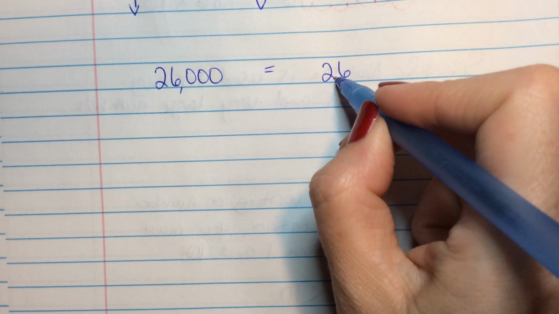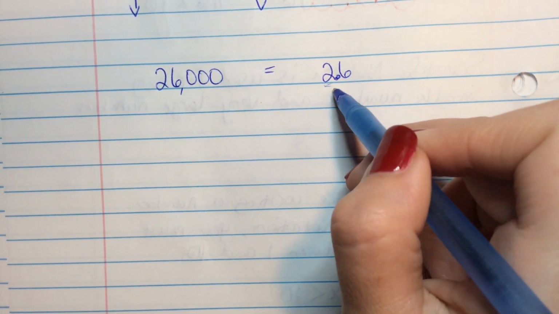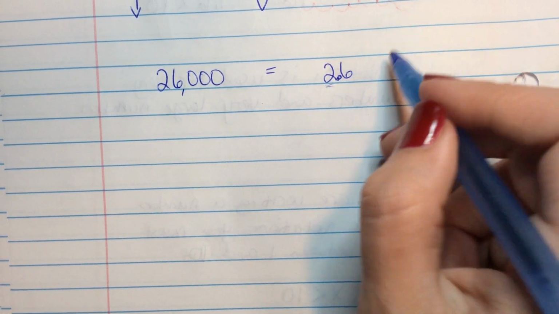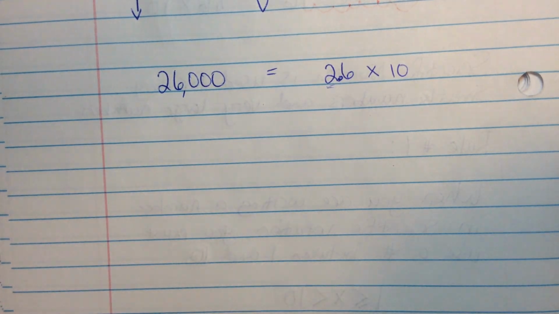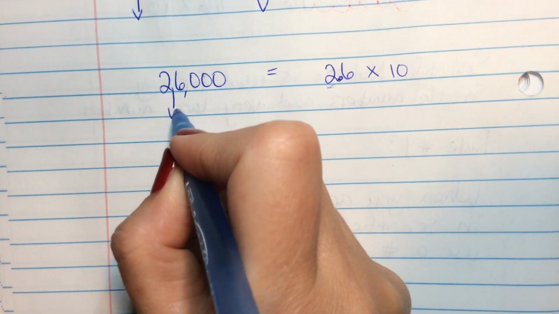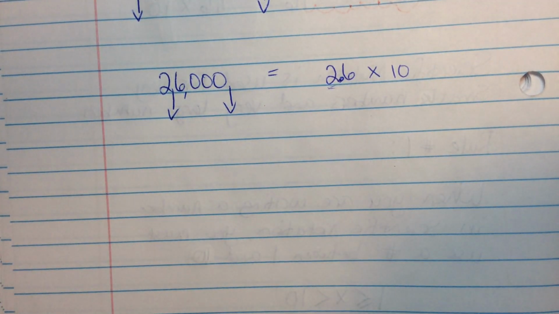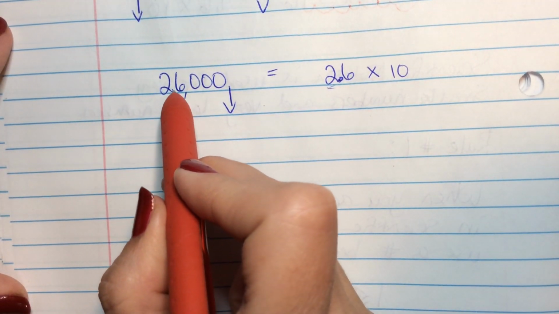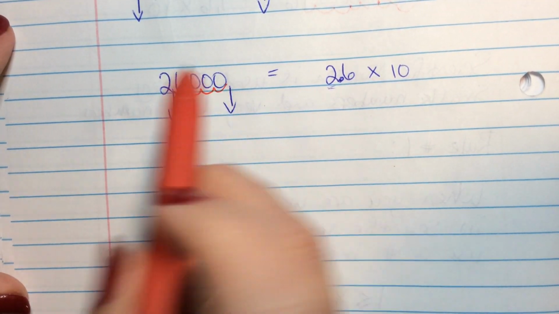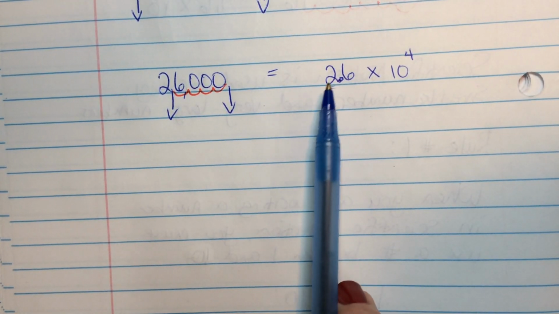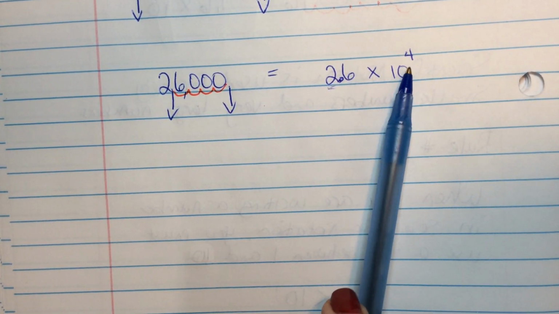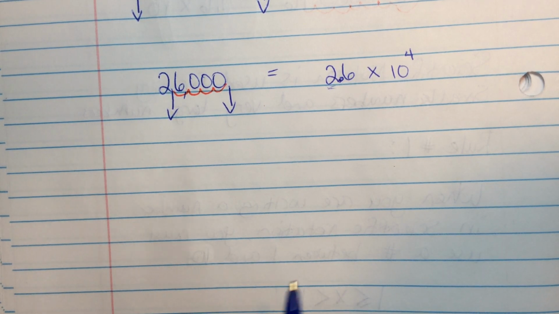And my decimal has to go right here because I can only have one digit in front of the decimal. Turns out I have one digit in front of it and one digit behind it in this case, but it doesn't matter. So here's where my decimal is. Here's where I'm trying to get to. So I go 1, 2, 3, 4. 4 hops. So 2.6 times 10 to the 4th.